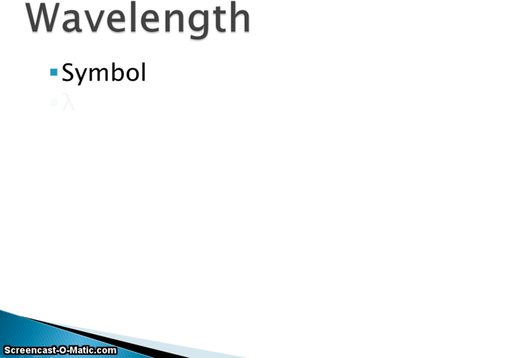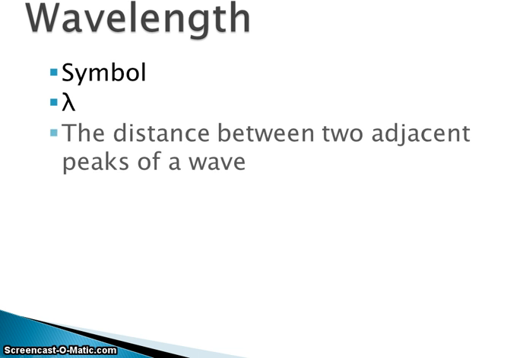Our symbol for wavelength is lambda, and it's described as the distance between two adjacent peaks on a wave. And our units for wavelength are nanometers or meters.